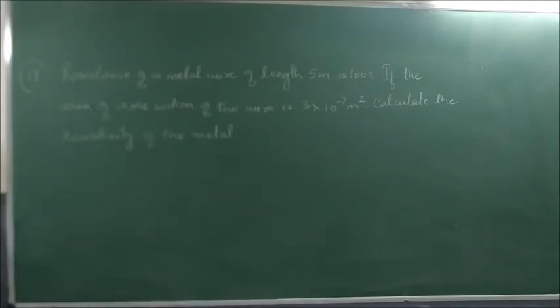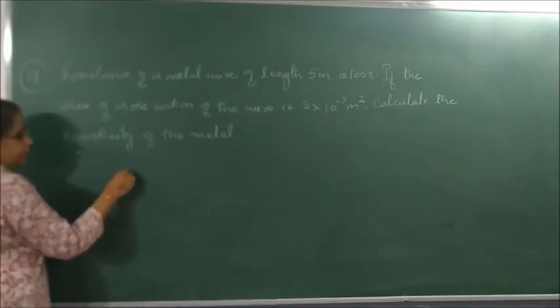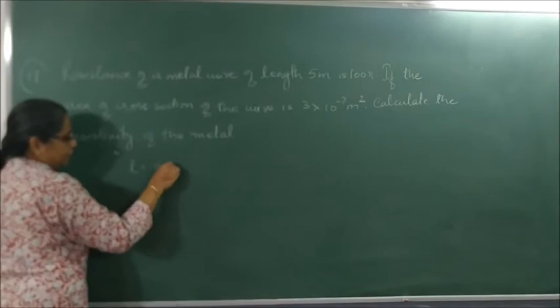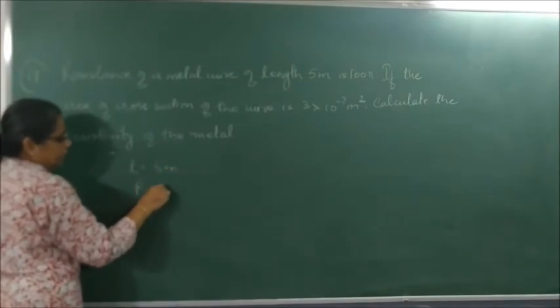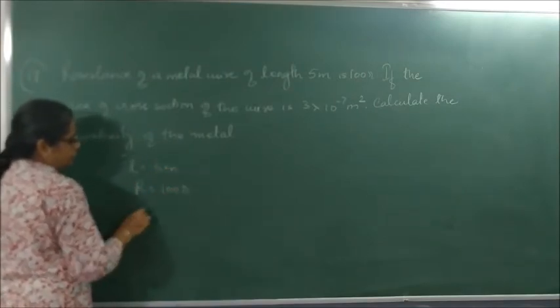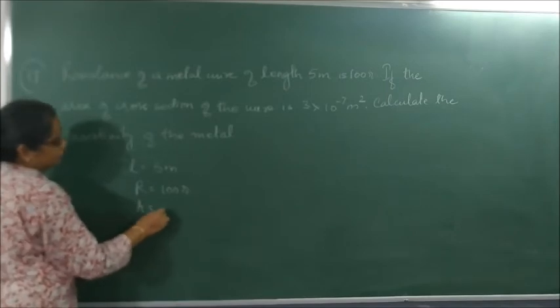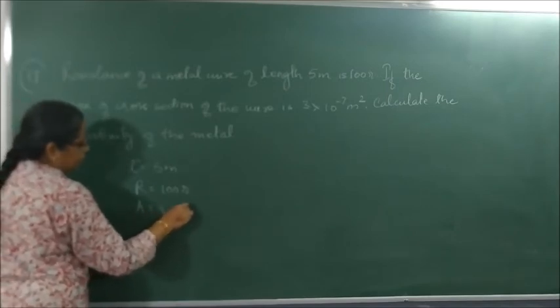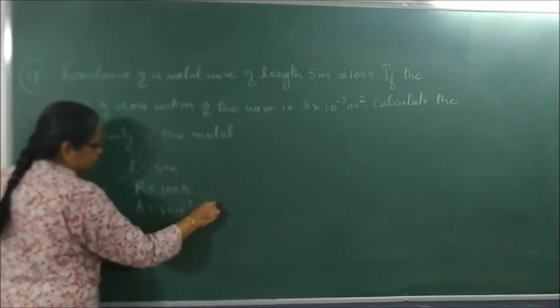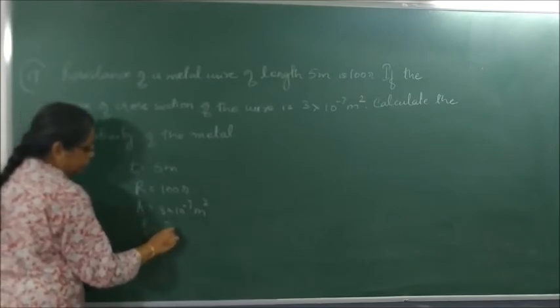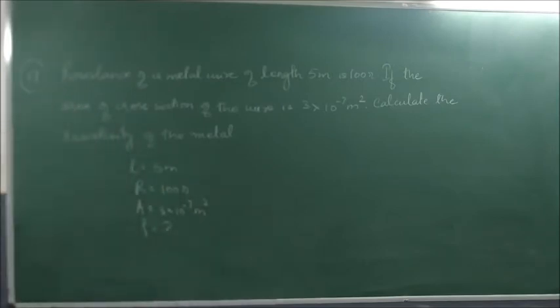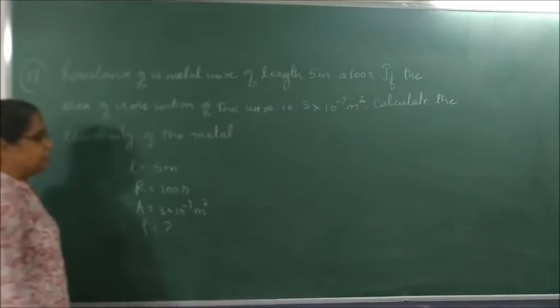Okay, so this is our question. Everything is given. Resistance of a metal wire of length 5 meter, so L is 5 meter. R is 100 ohms. A is 3 into 10 to the power minus 7 meters square. What I have to find out? Rho. Very simple, I can substitute.